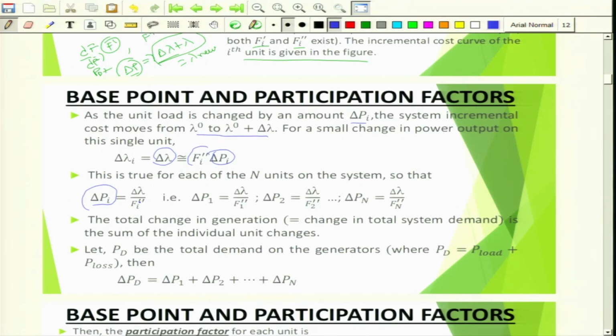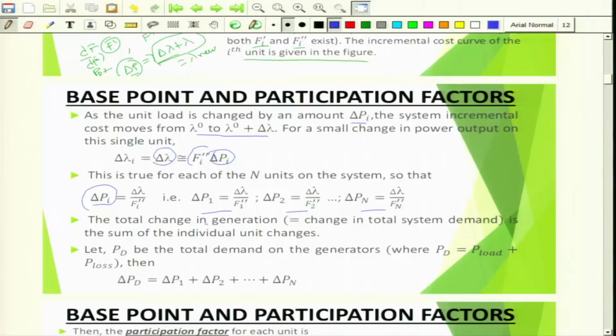Similarly you have this for individual generators, how much is the additional contribution from the individual generator, right. Now the total change in generation is equal to the change in system demand, and the total change in generation is the sum of the individual unit changes. That means the individual contributions of the generators put together will be equal to the total change in the load.